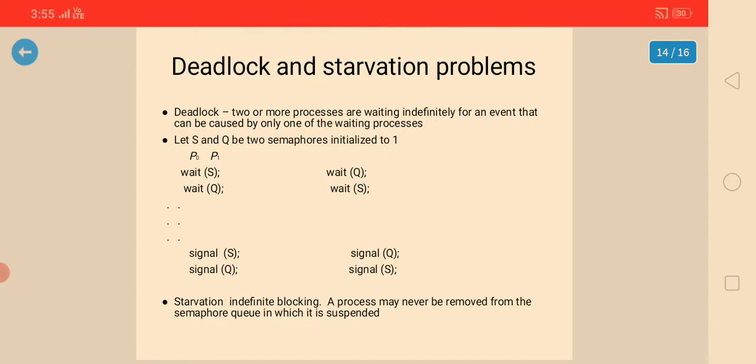P0: wait S, wait Q; P1: wait Q, wait S. Starvation: indefinite blocking. A process may never be removed from the semaphore queue in which it is suspended.